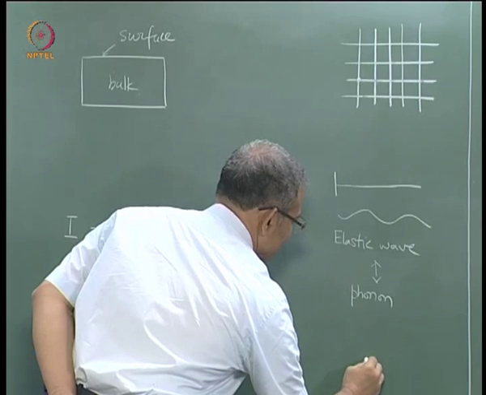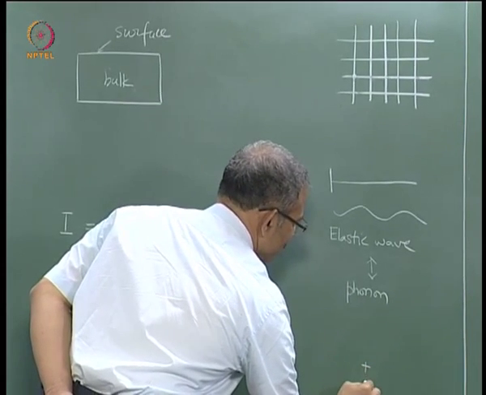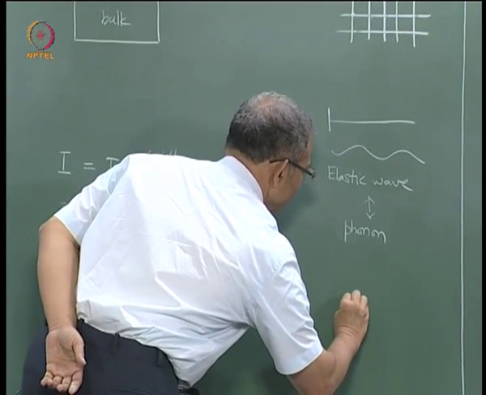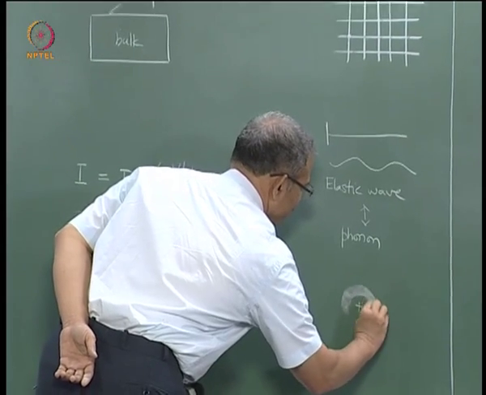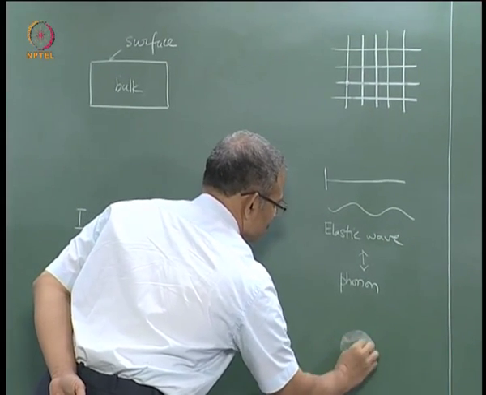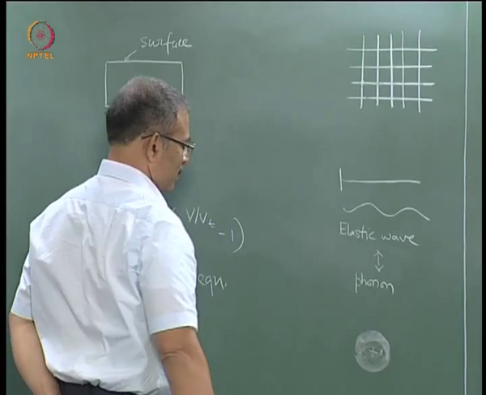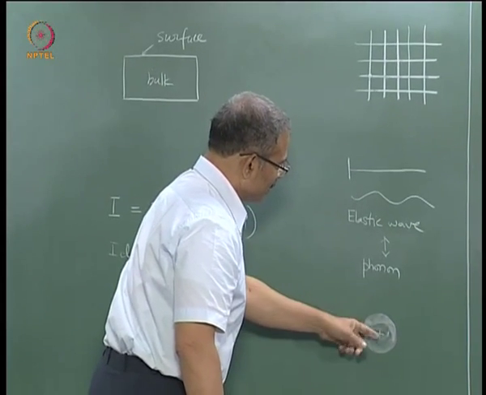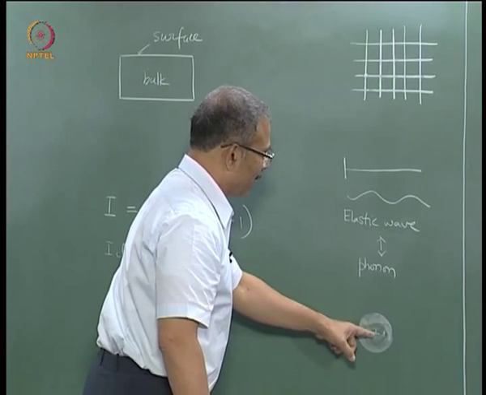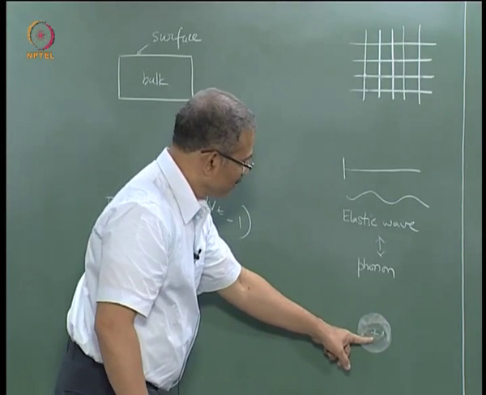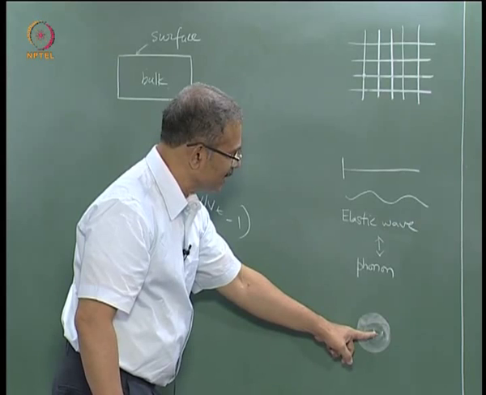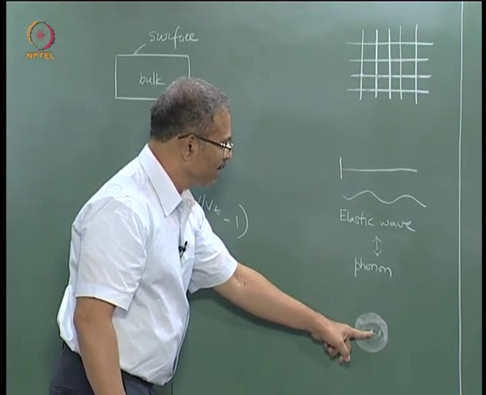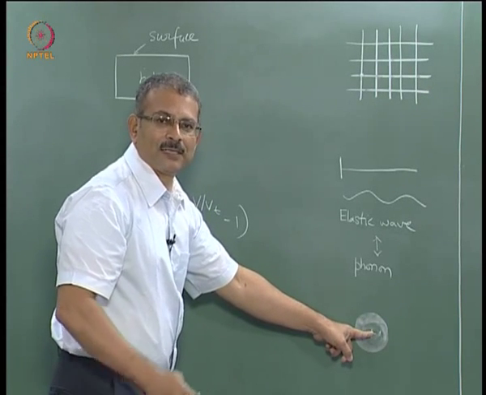So the picture is like this: the positively charged nucleus, and you have the cloud of electrons around it. Now when the atom is in vibration, the center of the electron cloud and the center of the nucleus, that is indicated by positive charge, will not be the same as a function of time.